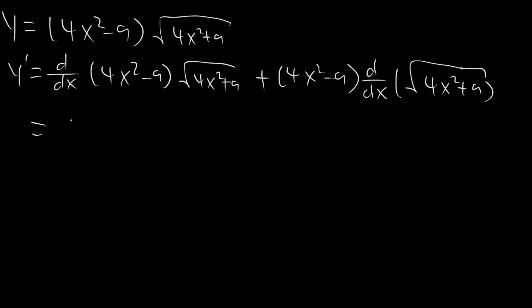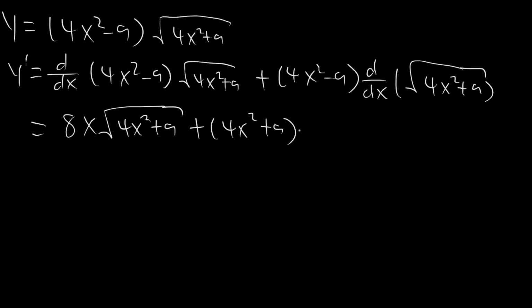So this is going to be equal to 8x times, because the derivative of 9 is equal to 0 and 8x minus 0 is still 8x, so I don't write 0 out. So this is going to be equal to 8x times the square root of 4x squared plus 9, plus 4x squared plus 9 times the derivative of this quantity. So this is equal to 4x squared plus 9 with the power of a half.